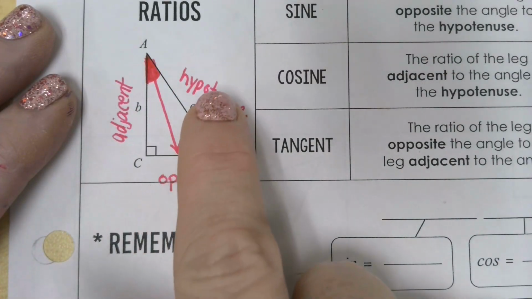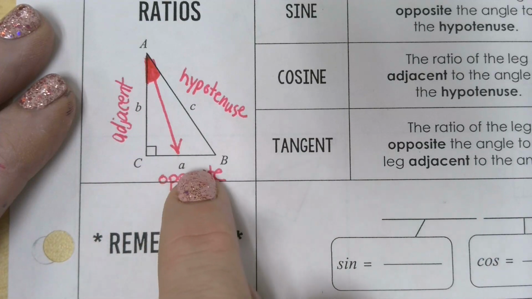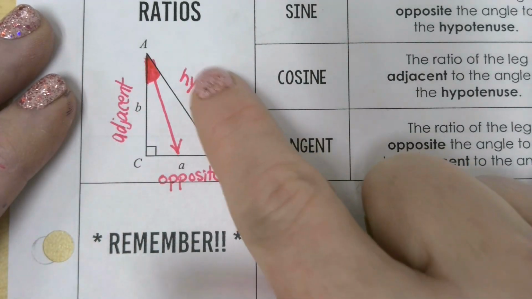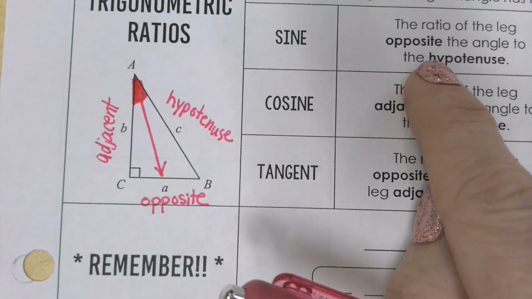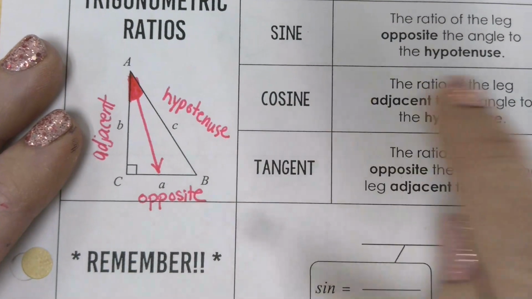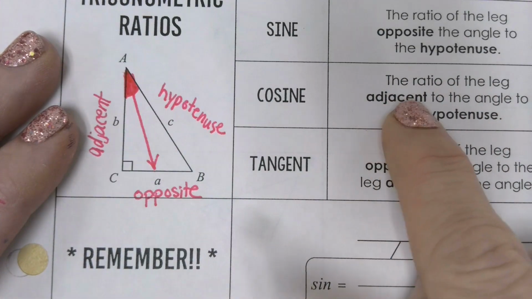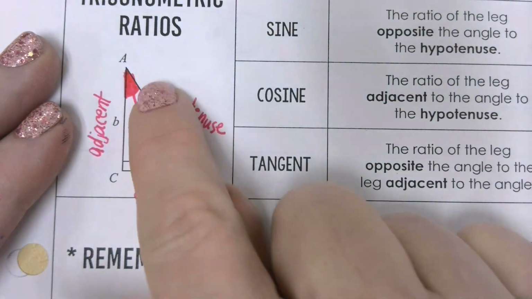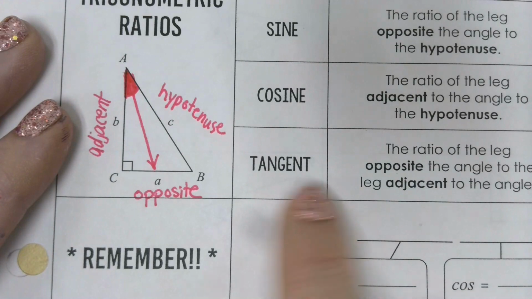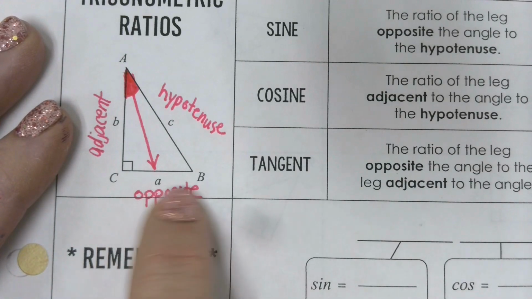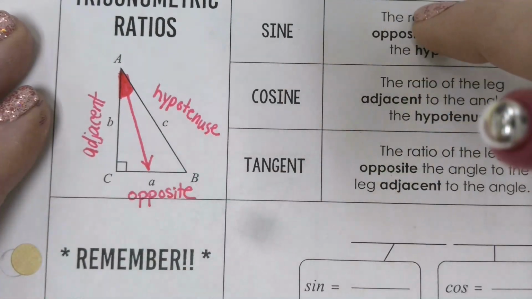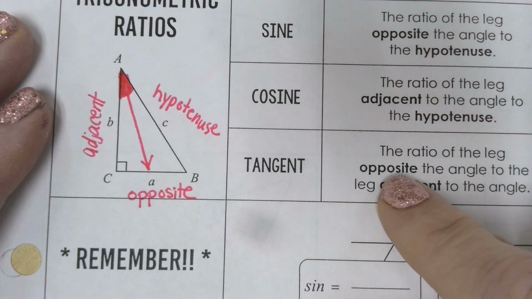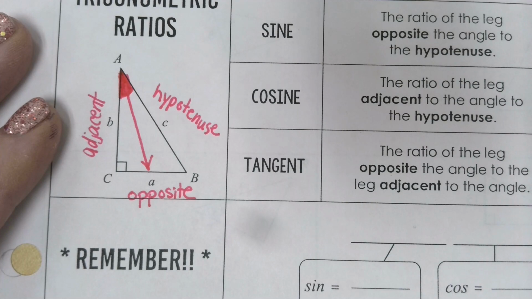These are going to be represented by numbers, and whatever number is here, I would put it over that, and that's what the sine is equal to. Cosine is going to be the adjacent side over the hypotenuse. And then tangent is going to be the opposite side over the adjacent. These are the three rules that you have to memorize, and there's an easy way to memorize them.